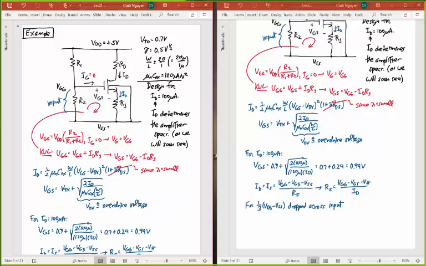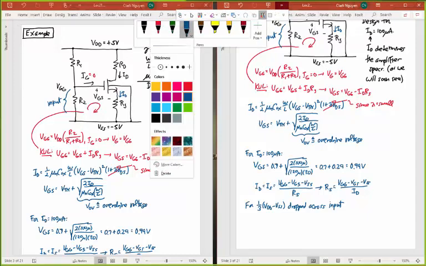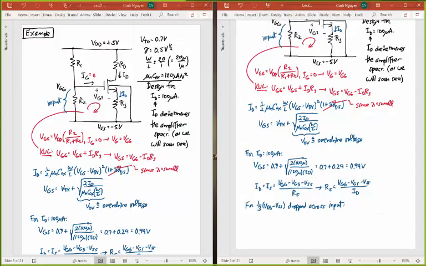If I choose these values and want to drop that across the input, then I'm going to want to choose R1. Say we could choose R1 to be equal to 100 kilo ohms, R2 equal to 50 kilo ohms.